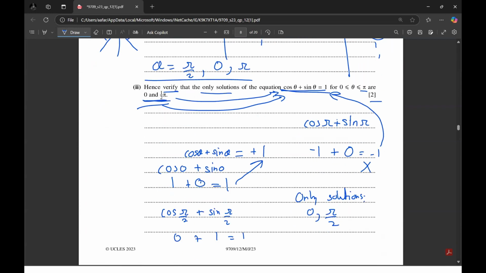Even conceptually, you know that this is the cos graph, right? And this is the sine graph.